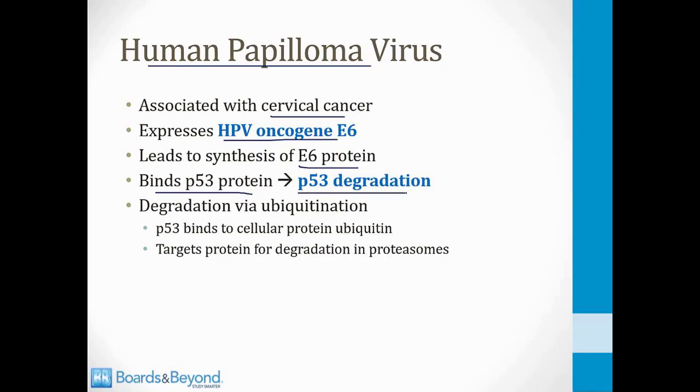So once again, once p53 is lost, cells can undergo uncontrolled growth, and that's what leads to cervical cancer. The way the p53 protein is degraded in cells infected with the human papillomavirus is through a cellular process called ubiquitination. It's high yield to know this for your boards.